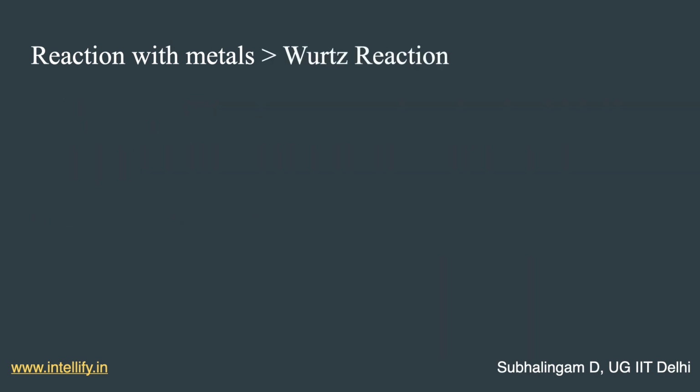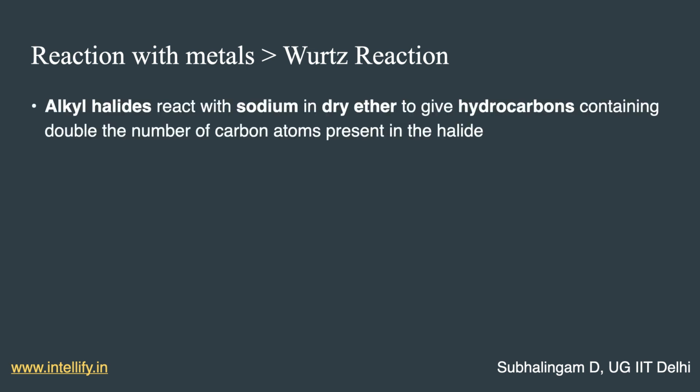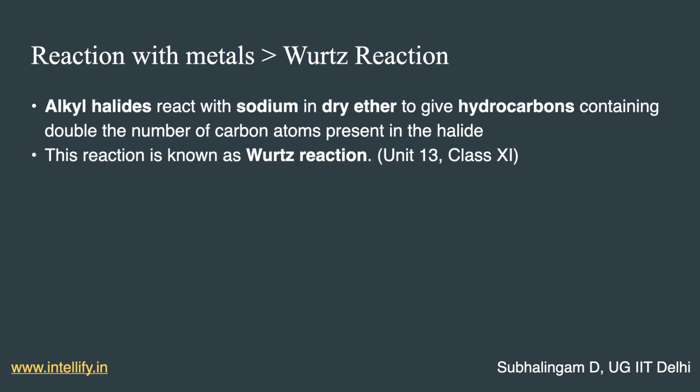Another class of reactions that comes under the reaction of haloalkanes with metals is the Wurtz reaction. This is the last reaction that we are going to see. Alkyl halides react with sodium in dry ether to give hydrocarbons containing double the number of carbon atoms present in the halide. This reaction is known as the Wurtz reaction that we have seen earlier.